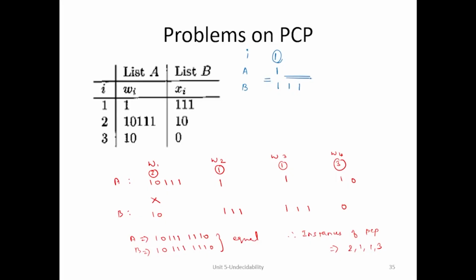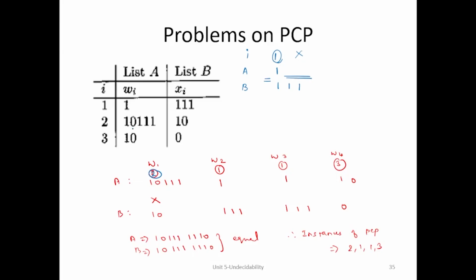So the remaining pending string in list A should start with 11. But there is no string with 11 format in list A. So we cannot take 1 as the first instance. Do you understand it?